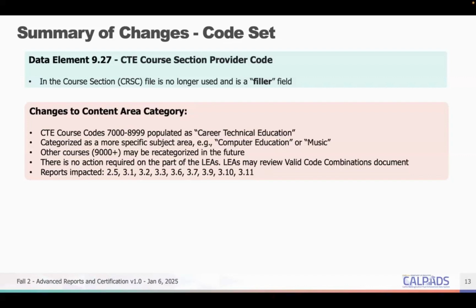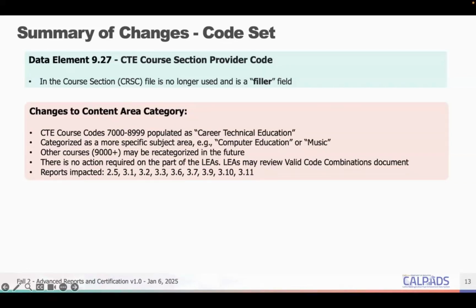Other courses in the future in the 9,000 level may also be recategorized so that they are in more accurate categories, but right now it's only for the 7,000, 8,000 series courses. The good news is that since content area is derived from the course group master valid code combinations, there's no action required on the part of LEAs.